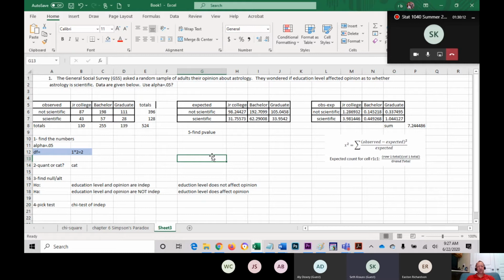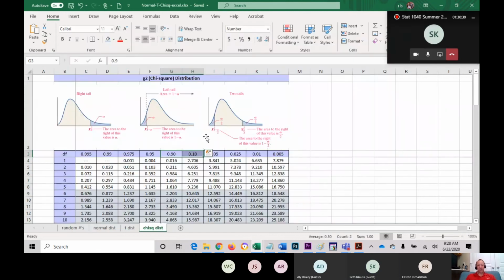It was the number of rows and the number of columns. Let me think. So we got 2 rows, right? Yeah. 2 rows minus 1 is 1. I thought it was the amount of columns and rows, but yeah, it makes more sense. All right. So we got 2 degrees of freedom.